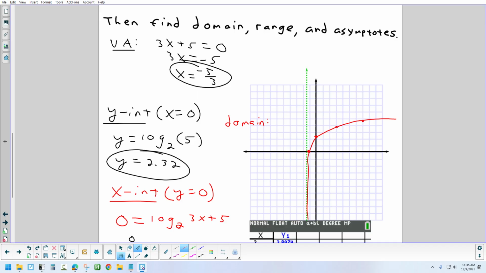Negative 5/3 to infinity. Including or not including negative 5/3? Not including. Yep. So it's everything from the asymptote to the right.